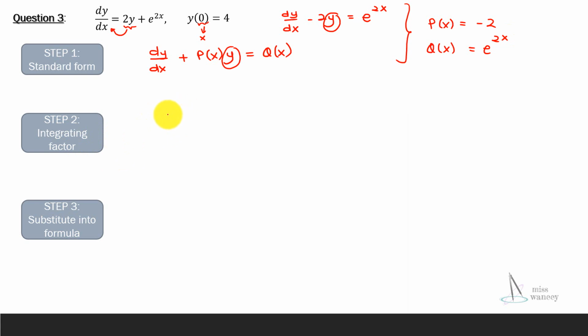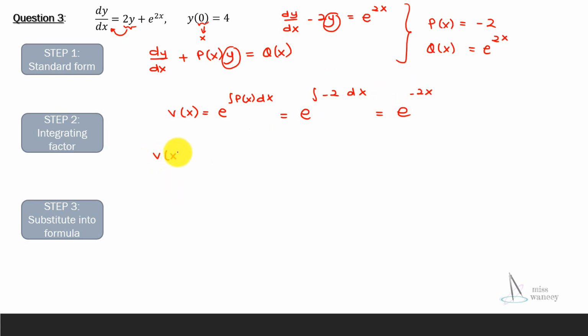So calculating the integrating factor, V(x). This is e to the power of integral of P(x) dx. P(x) is negative 2, so e to the power of integral of negative 2 dx. So this is e to the power of negative 2x, since we are simply integrating a constant. So negative 2x.